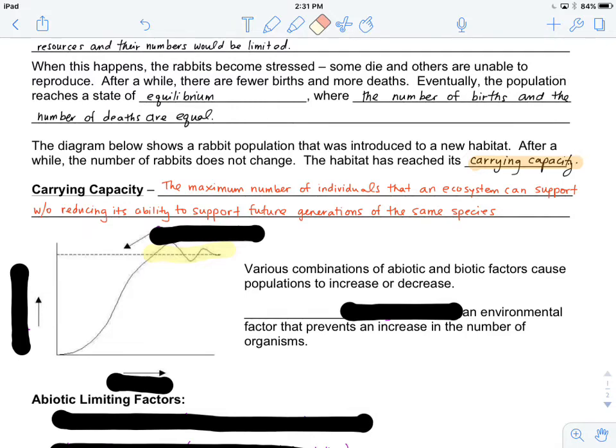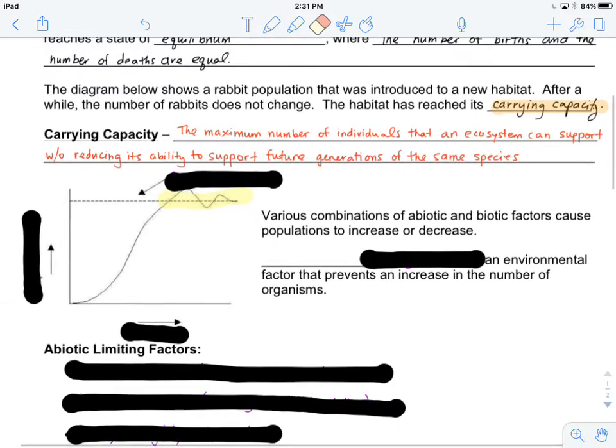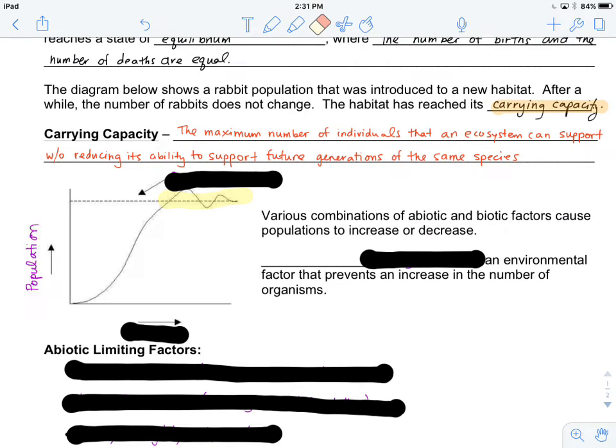Okay? If we want to look at this graphically, what this means is that here on the x-axis of our graph, we have population. So the population, the number of organisms in a certain habitat. And here on the x-axis, we have time.